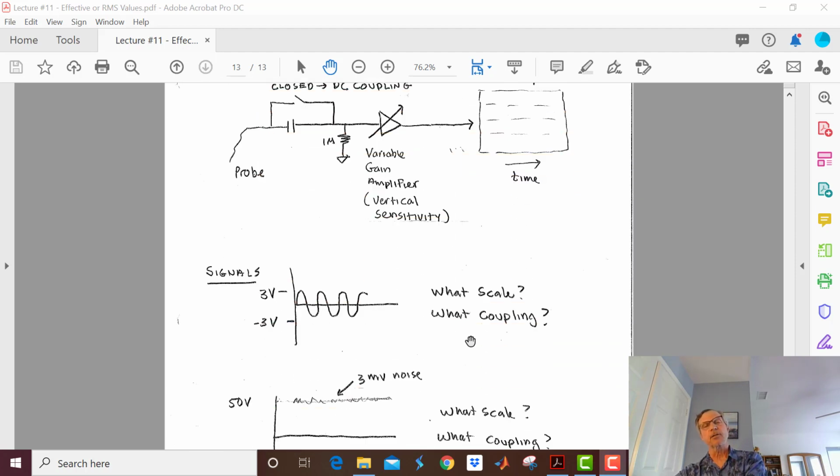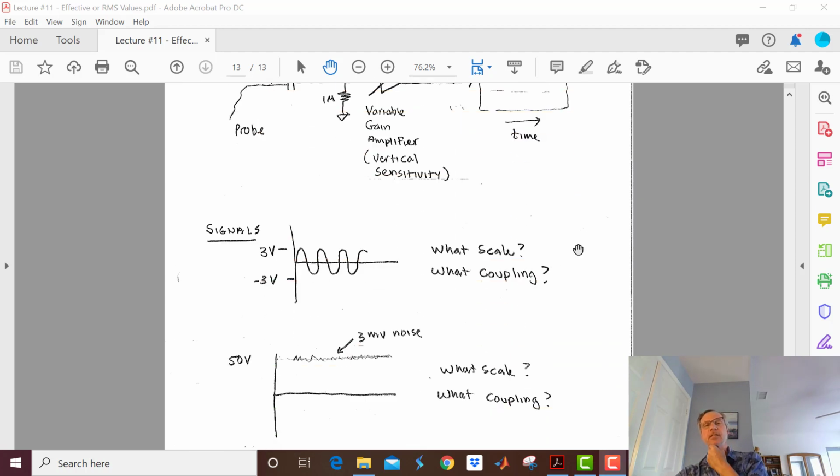Why is that practical? Why does every single scope that's been made since my father's time have AC versus DC coupling? Well, let's say we're trying to measure a signal that looks like this. It's going from +3 to -3. I'm going to probably go for a scale of like 1 volt per division, because that way I'm going to get 3 divisions up and 3 divisions down.